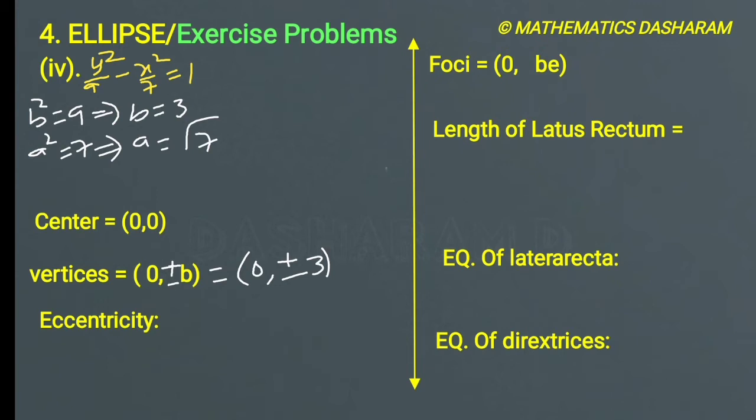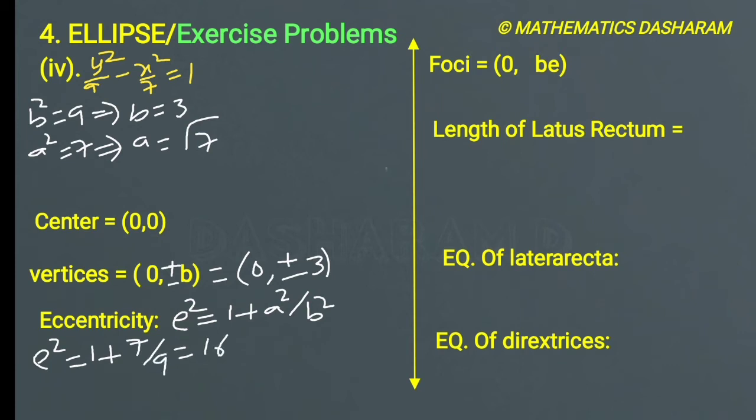Next the eccentricity, the formula is e square equals 1 plus a square divided by b square. Then e square equals 1 plus a square value 7 divided by b square value 9. So 9 plus 7 is 16 by 9.